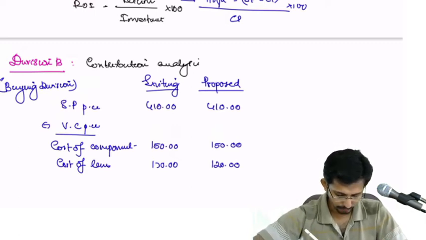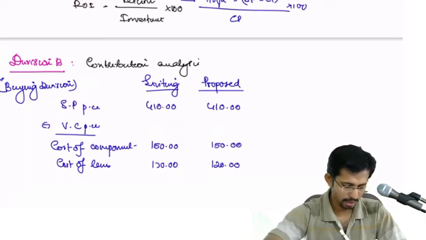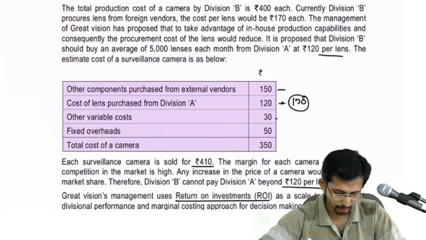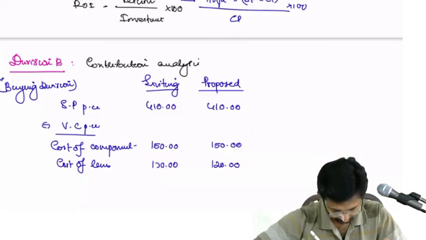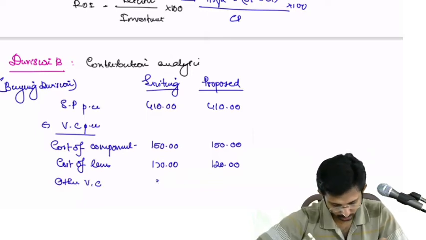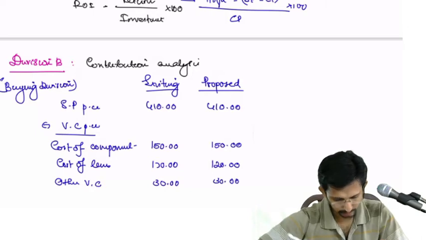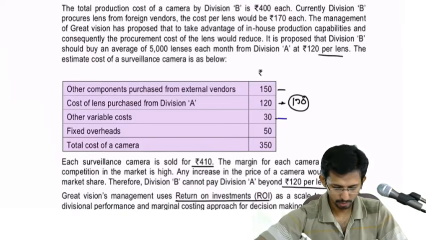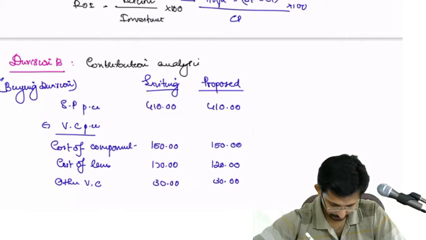Okay, so cost of lens, and you have one more variable cost. What is the variable cost? Other variable cost of rupees 30. So what will be the total?